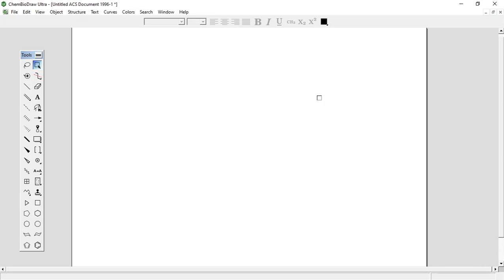And one more method to represent three-dimensional structure is the solid and dashed line formula that we had already learned. So I will show you how to draw that solid and dashed line formula.